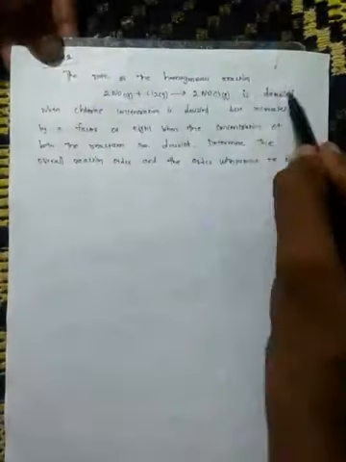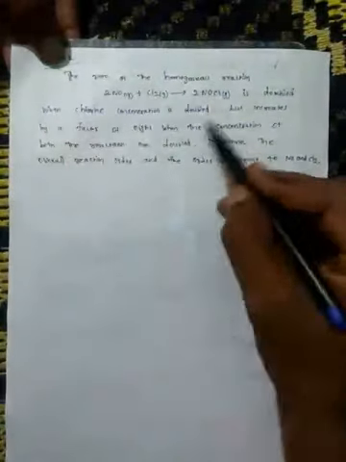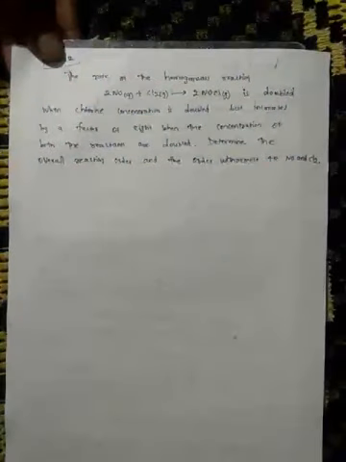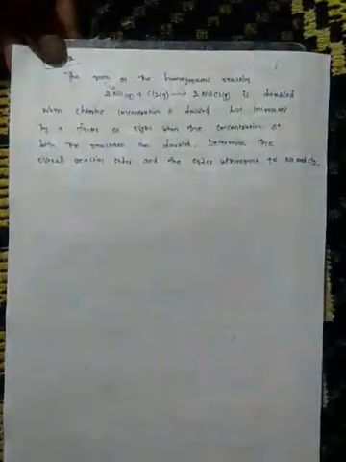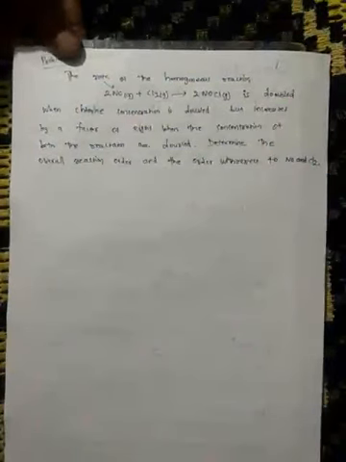This is a homogeneous reaction. The rate of this reaction is doubled when the chlorine concentration is doubled. See why I have explained the rate. We have to measure the rate of this reaction. How will you measure? Of course, you have to measure the concentration with time. So that is why I explained rate, average rate, and instantaneous rate.